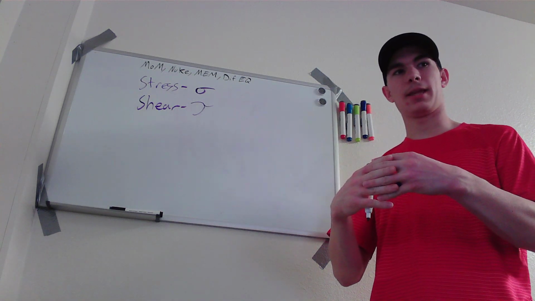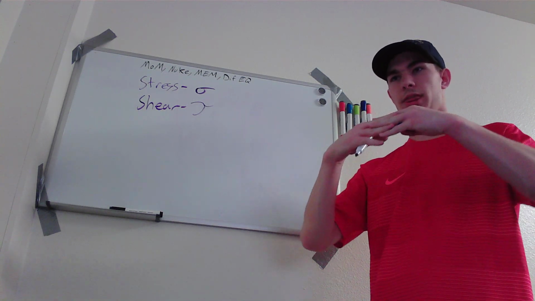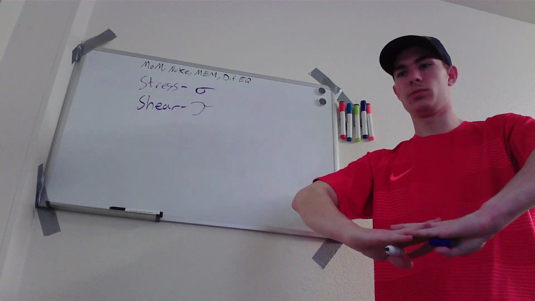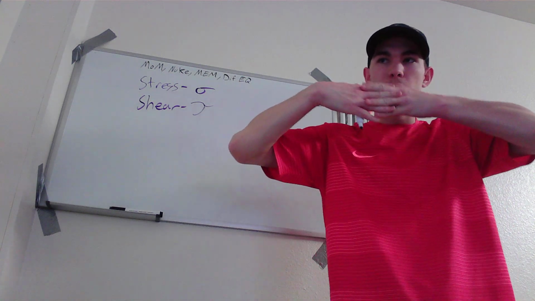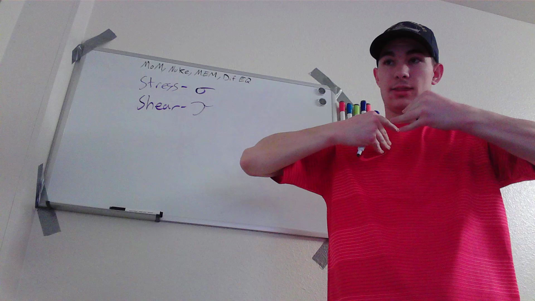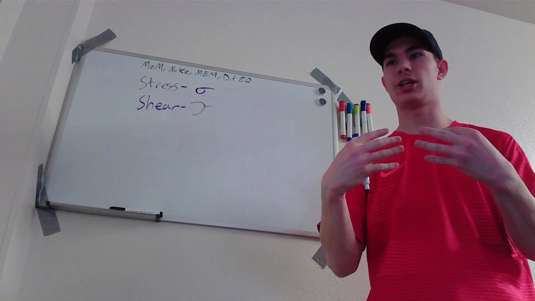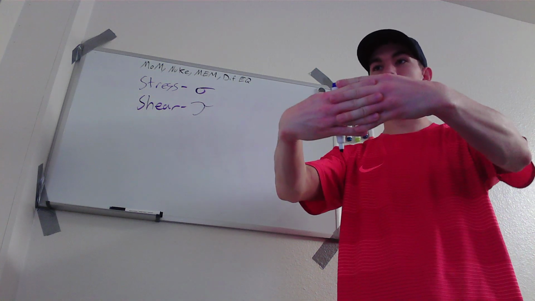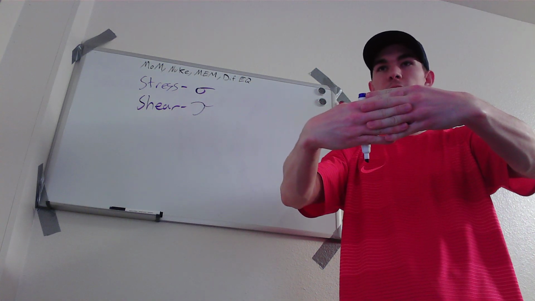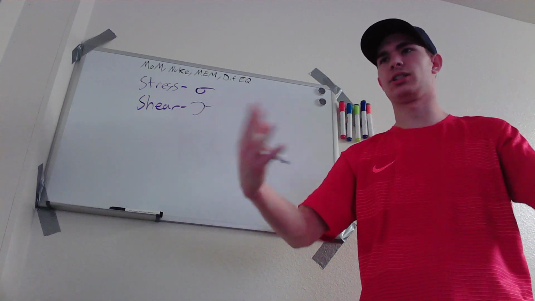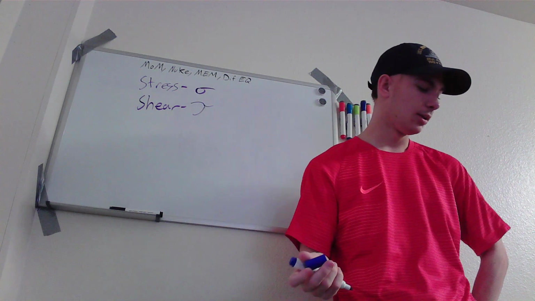So shearing has to do with, you have two boards like this, and you put a pressure going this way on them, and they snap like that. That's shearing. Stress is you have two boards like this that are intertwined together, and you pull them apart, and they start to loosen. That's stress. So stress and shear in some manner.